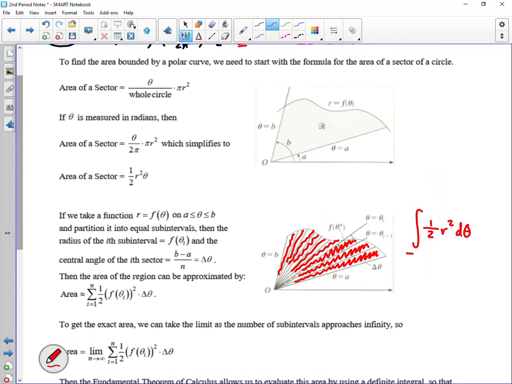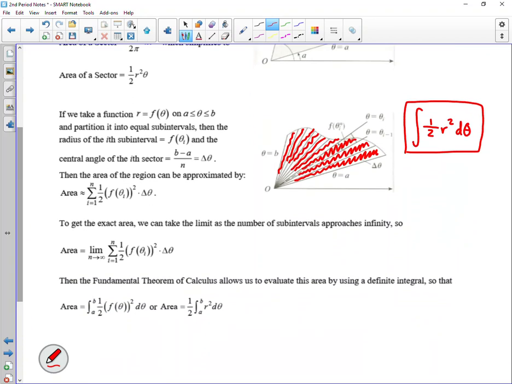So this is the area of a polar, if you want to calculate area of a polar. So it's 1/2 r squared d theta. That's basically what this whole page is explaining, but it's all down here. They usually put the 1/2 on the outside, but you can leave it on the inside if you forget it. Okay? Cool.